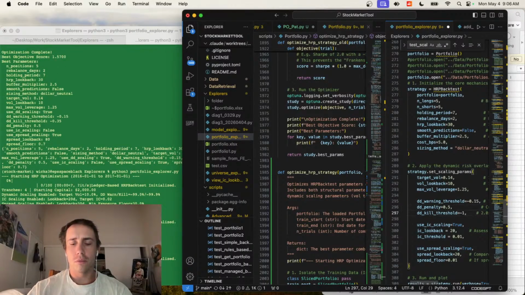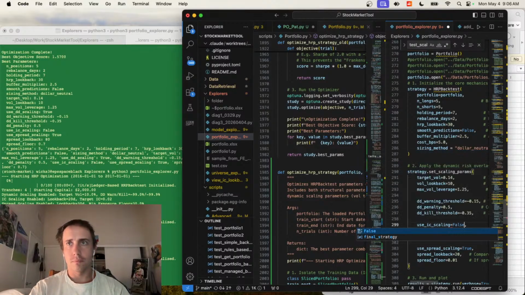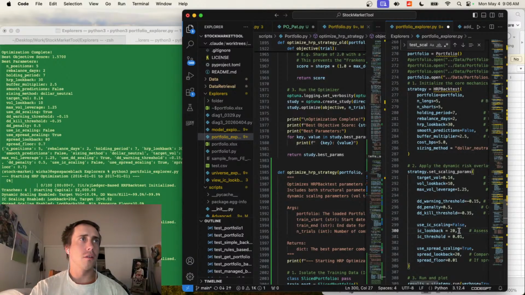Kill threshold, minus 0.35. Use IC scaling false. IC look back. Spread look back, 80. Spread floor, 0.7.